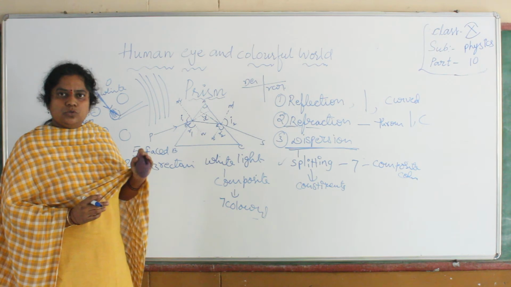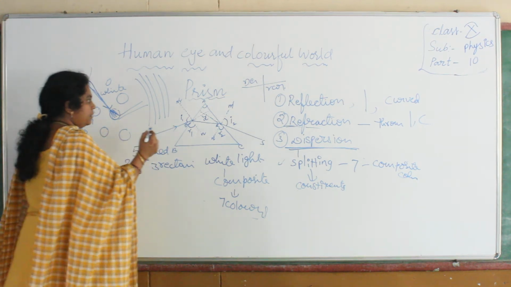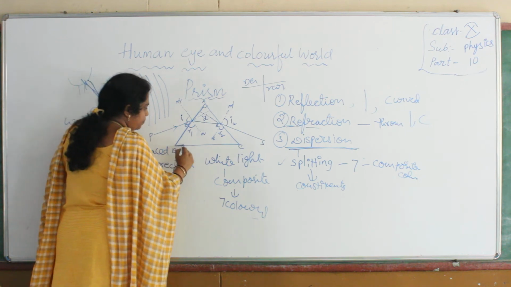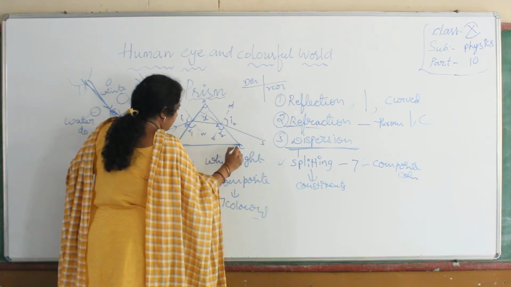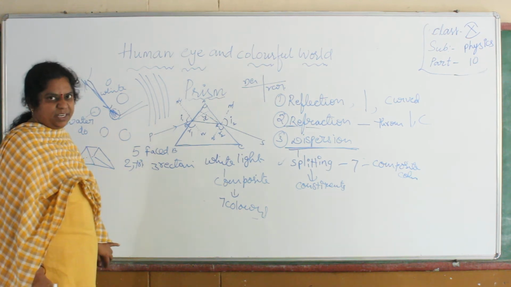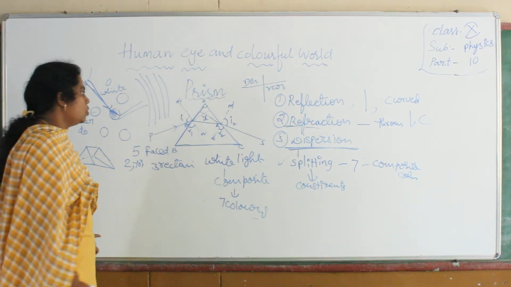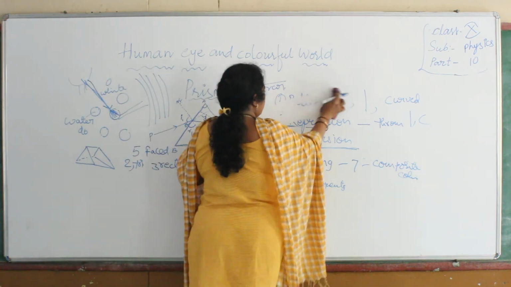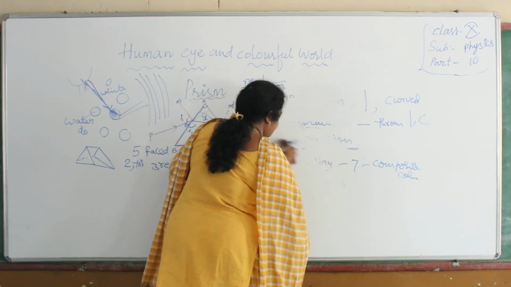Okay children. So now see here. Suppose we take a prism and put it here. First we have to see the parts of the prism. So this is the prism. Let me give you the parts here.